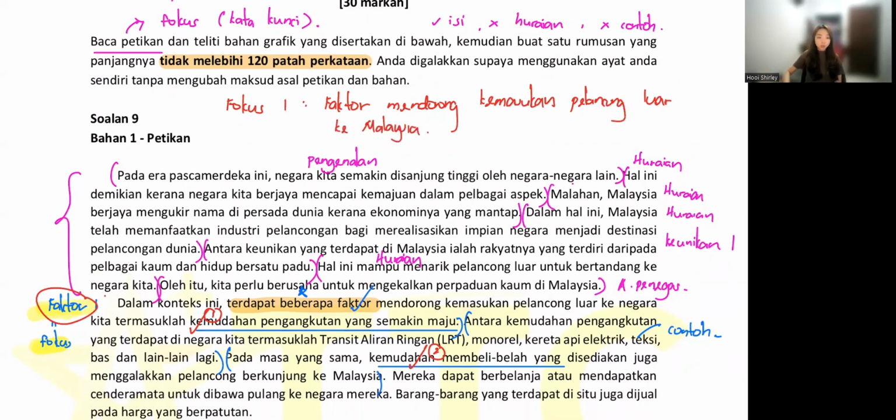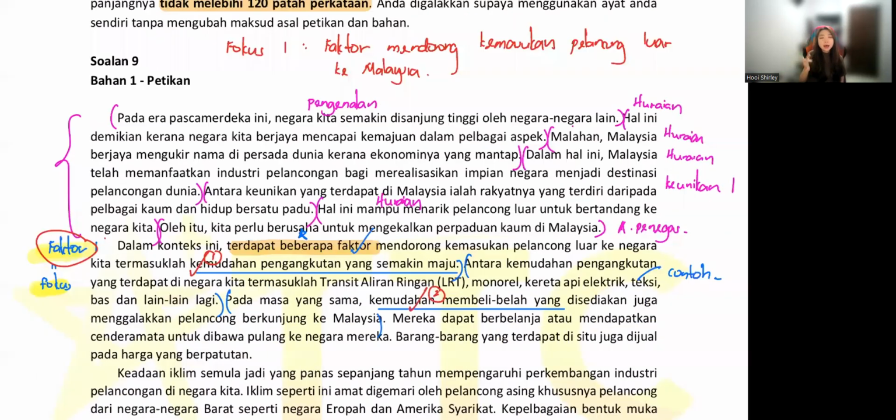So this is the first one. Okay. So this is how we are going to identify, to filter whether this is your focus, this is your EC for your focus or not. Okay, whether this is the EC or not. So the rest, you may do it. We will provide the answers for you.